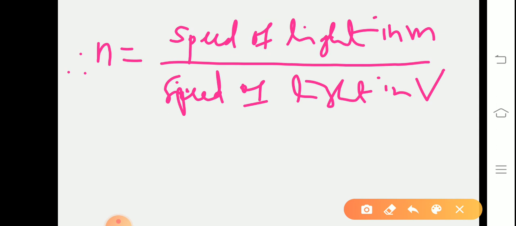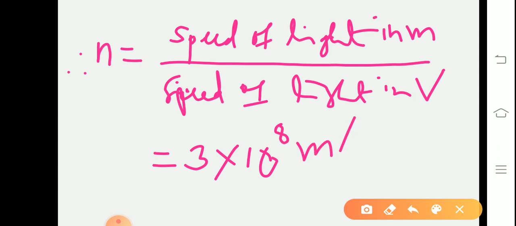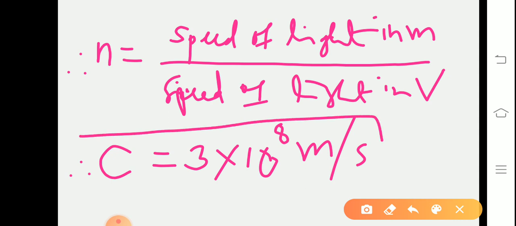Then what happens to the speed of light in vacuum? It is always constant, equal to 3 into 10 to the power of 8 meter per second. This is the speed of light in vacuum, denoted by the letter C. It is a very important value.